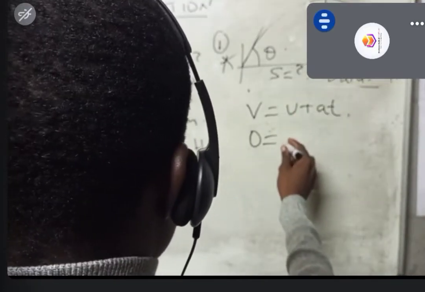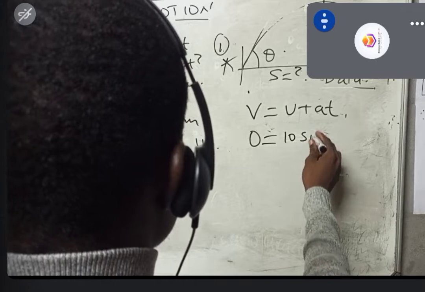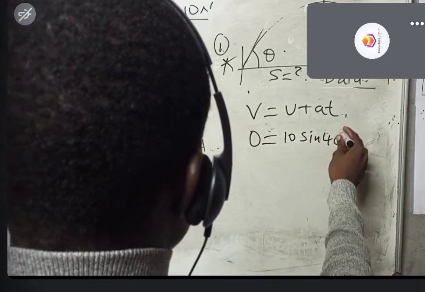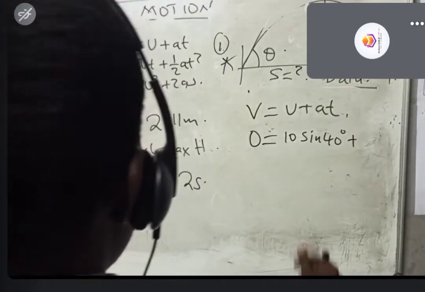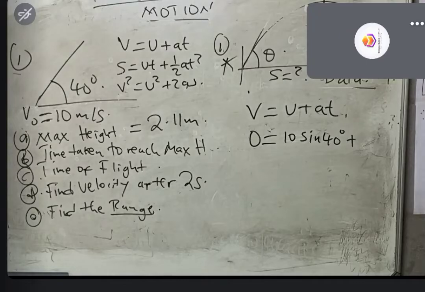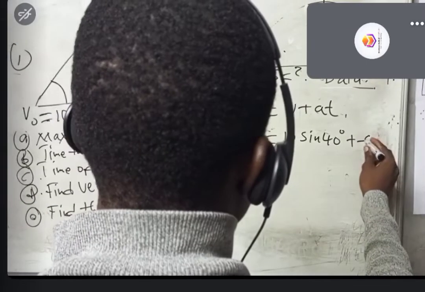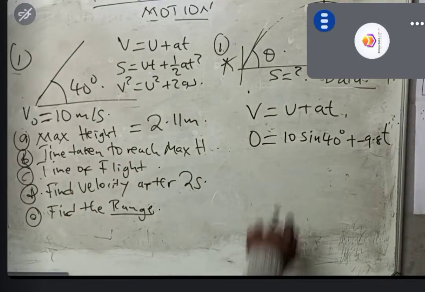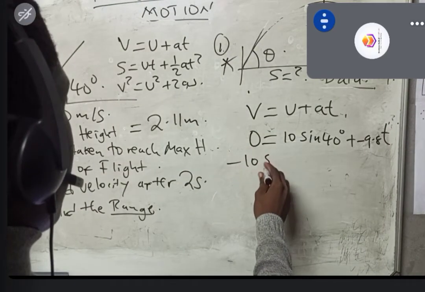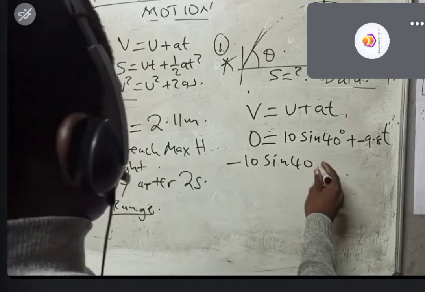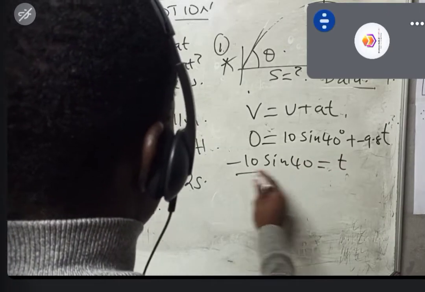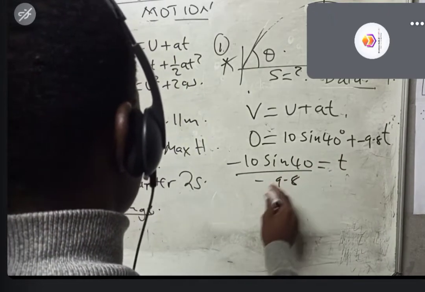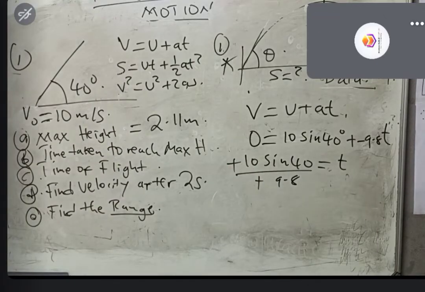The initial velocity will be 10 sine 40 plus gravity going up, negative 9.8. We are trying to find time. This one will come the other side to be negative 10 sine 40. You are dividing by negative 9.8. Already it becomes positive. So 10 sine 40 divided by 9.8.